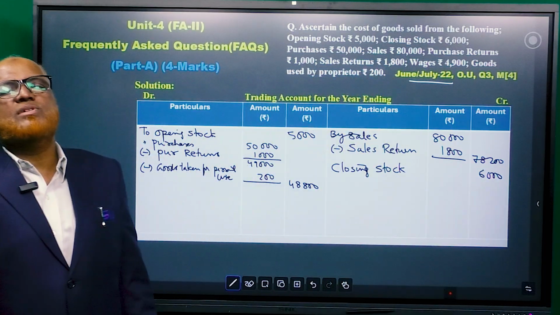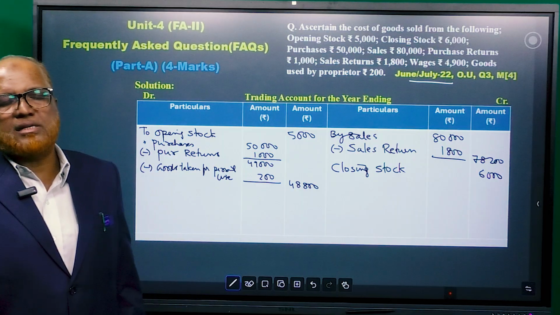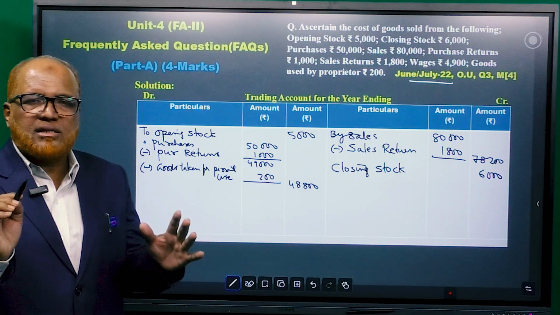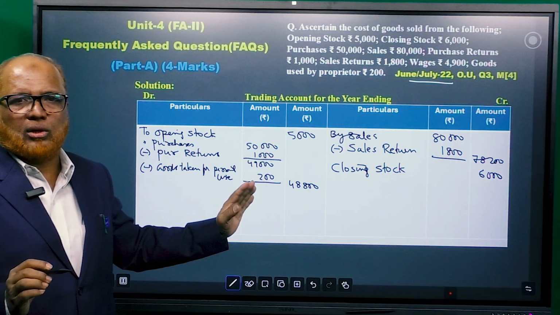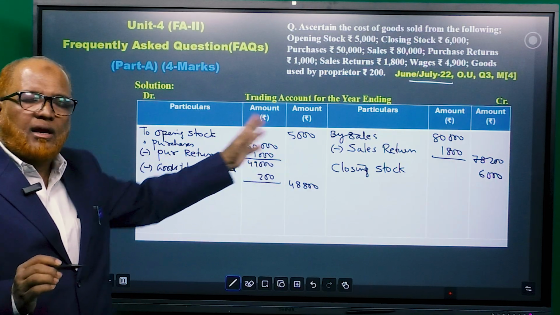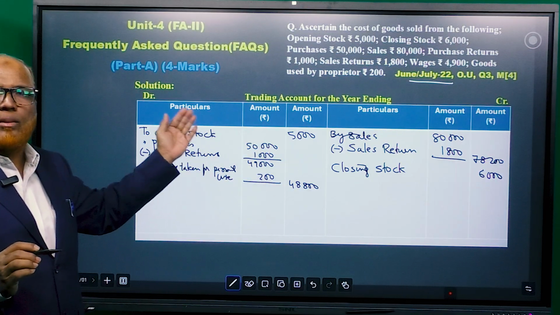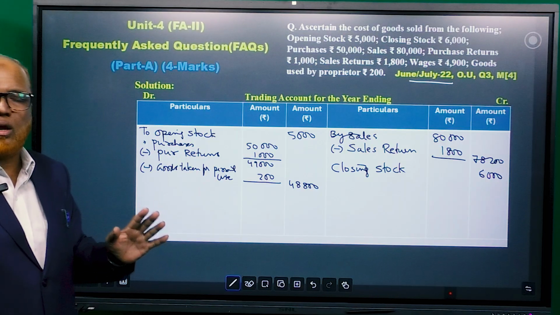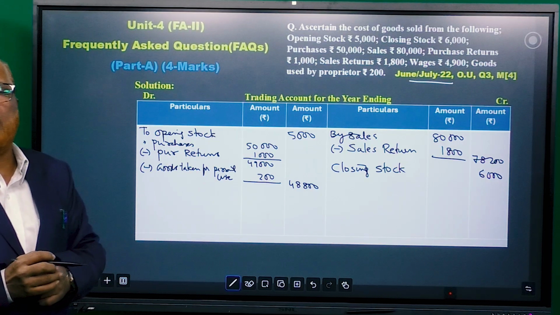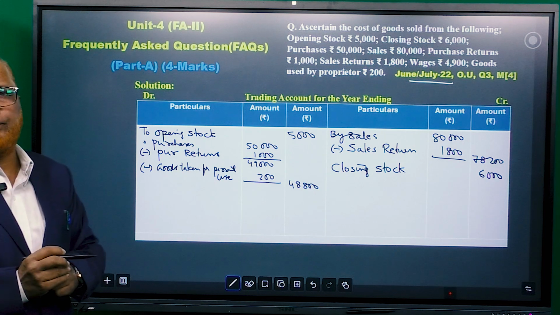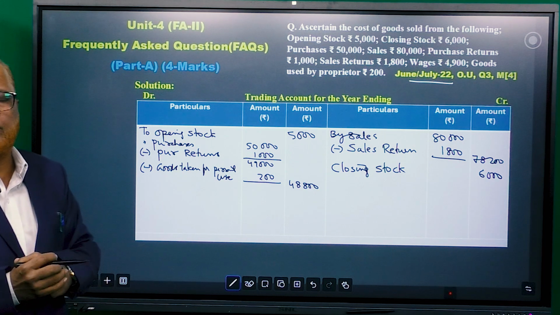So remember the items which are taken on the debit side and credit side of trading account. Credit side, only two items you remember, that is sales and closing stock. Sales return should be deducted. Debit side, opening stock, purchases. These two are normally compulsory in every problem. Apart from that, if any direct expenses are given, that should also be taken on the debit side.